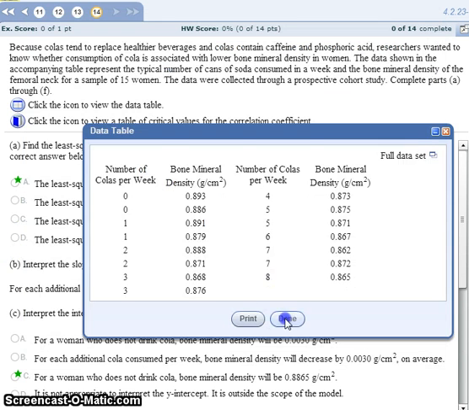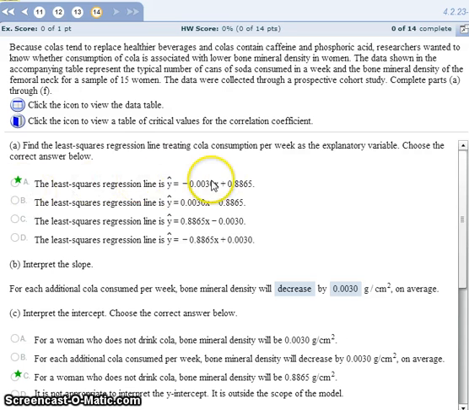Round as appropriate, and get the equation of your least squares regression line. The slope is negative, so it means they're going to move in opposite directions. As colas go up, bone density is going to go down, and this tells you by how much. So for each additional cola consumed, bone mineral density will decrease by that much.